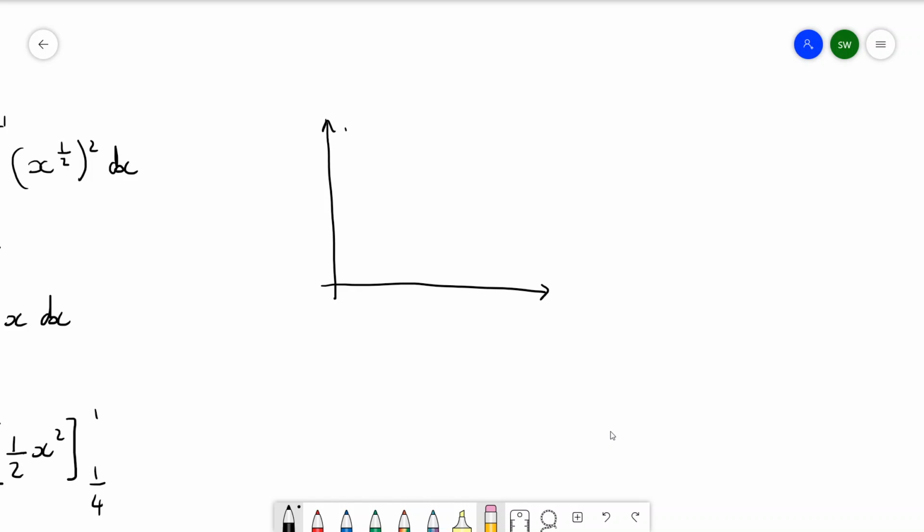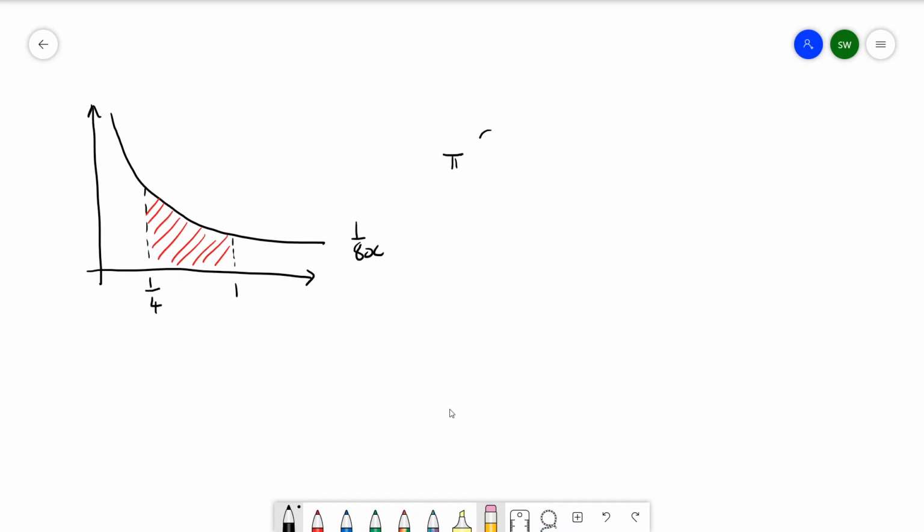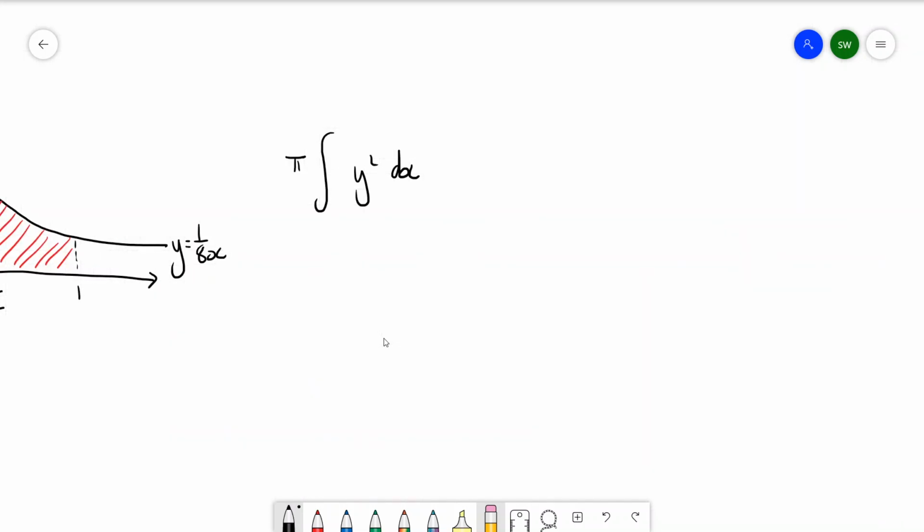We've got our function 1 over 8x, and we're going to rotate between a quarter and 1, and we're going to rotate that red area around the x-axis. So we're going to use the formula pi integral of y squared dx, and we've got to be really careful. This is our equation for y now, because this is now the boundary of the red area that we want to rotate around the x-axis.